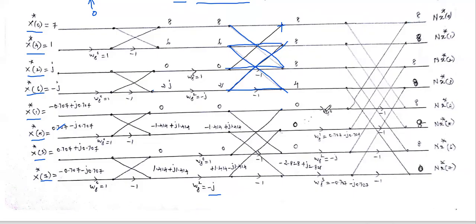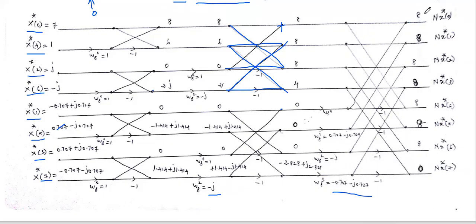Here 0 multiplied with anything, 0. 0 multiplied with W8 power 1, 0. So 0 multiplied with this one, 0. In the last line, minus 2.828 plus j 2.828 is multiplied with this thing, minus 0.707 minus j 0.707. So these two data you just multiply and write here.